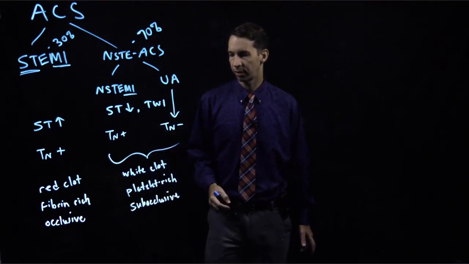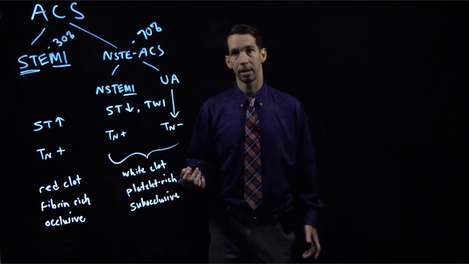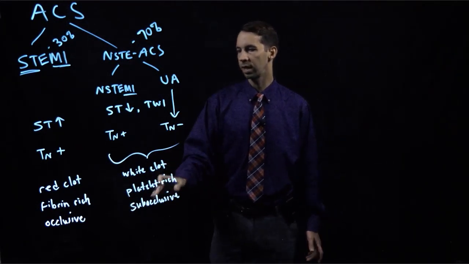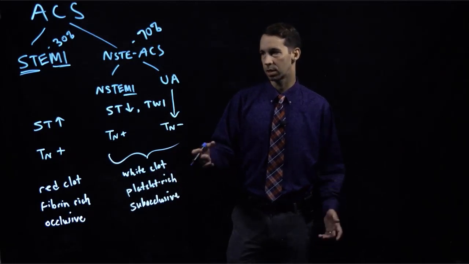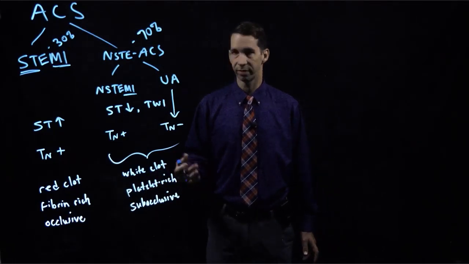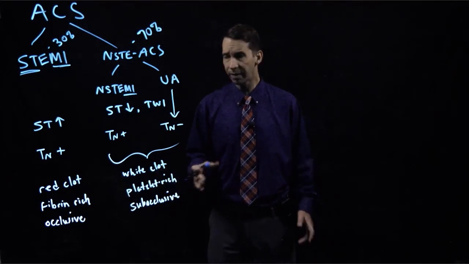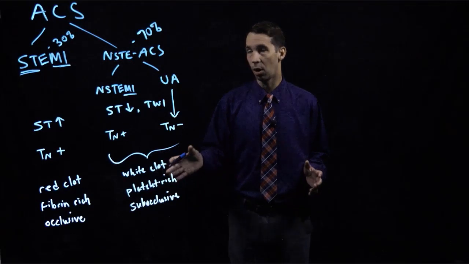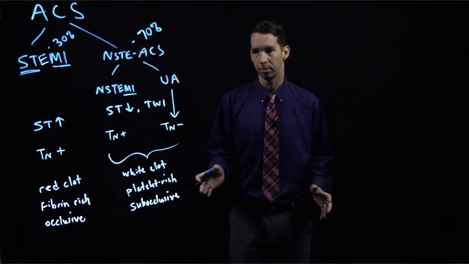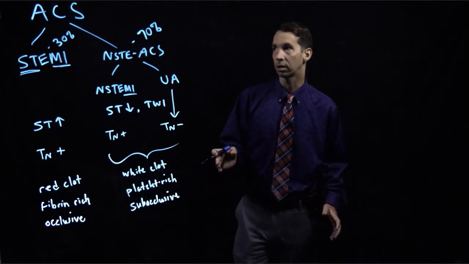So really what that means for the way we treat these patients medically is that we're not going to give a fibrinolytic over here because it's not fibrin rich, it's not going to be that useful, and it's going to lead to more adverse effects such as bleeding. But everything else that we talk about in this class for treating ACS is going to apply to all these types of acute coronary syndrome, which we'll get into next.